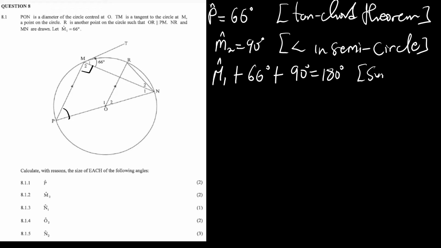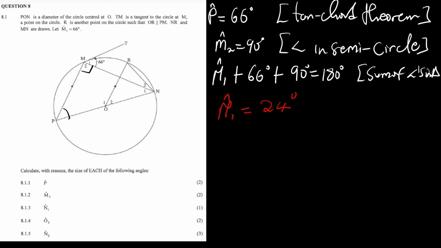Reason: sum of angles in a triangle. So angle N1 is going to be what? We subtract 90 and 66 from 180 degrees, and we get 24 degrees as angle N1.